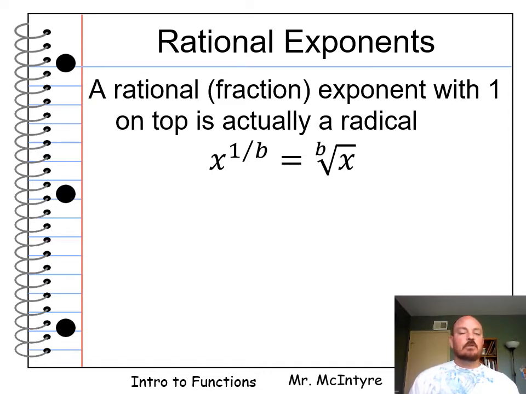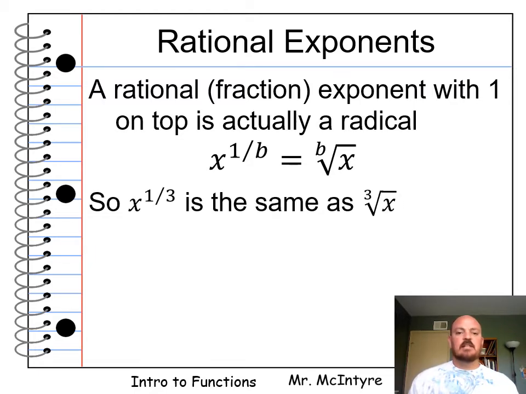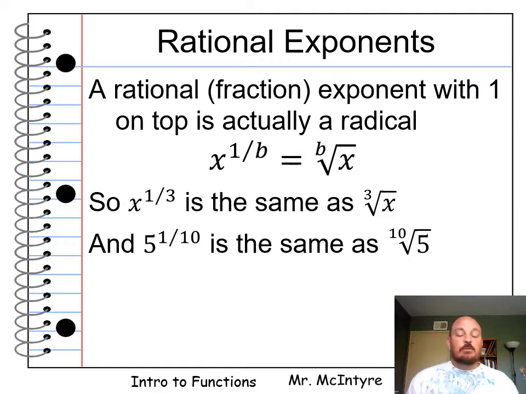Now sometimes things are a little confusing in the notes when I talk about b or c for a constant, so let's throw a couple numbers in there and see what it looks like. If we were talking about x to the 1/3 power, that's the same as cube root of x, or the third root of x. And if we were talking about 5 to the 1/10 power, that's a radical too.